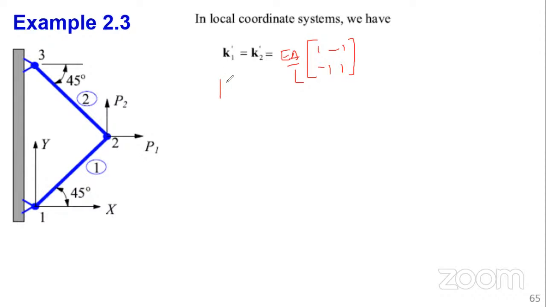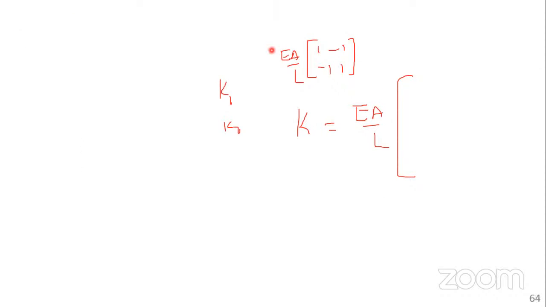So we need to get K1 in the global coordinate system and K2 in the global coordinate system through transformation. And of course, we know K is equal to EA over L, or instead of even writing this one here, you just need to revisit this.